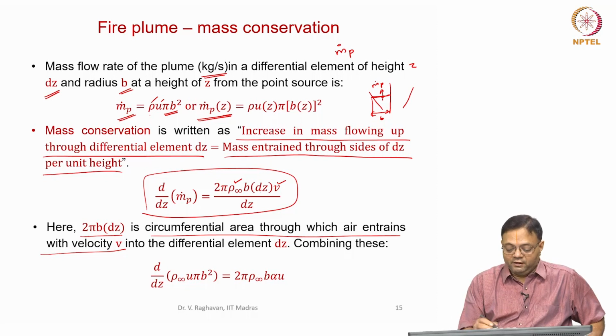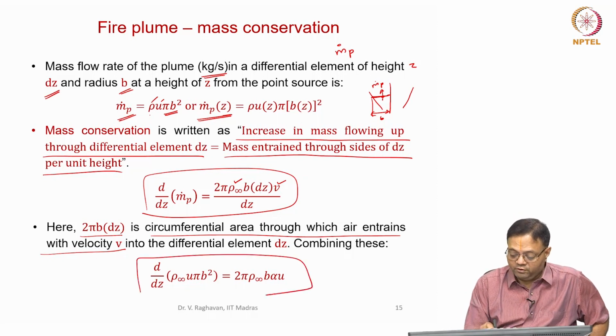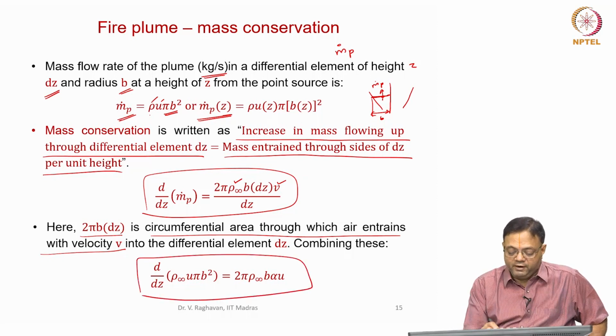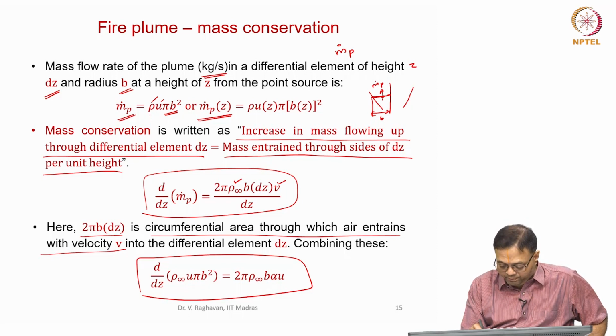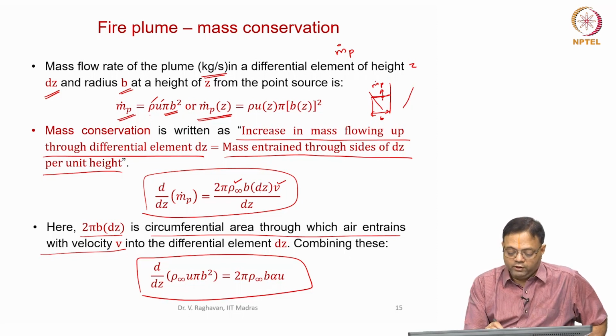Okay, so combining this, the conservation of mass can be written as d by dz of rho infinity u pi b square equal to 2 pi rho infinity b alpha u.